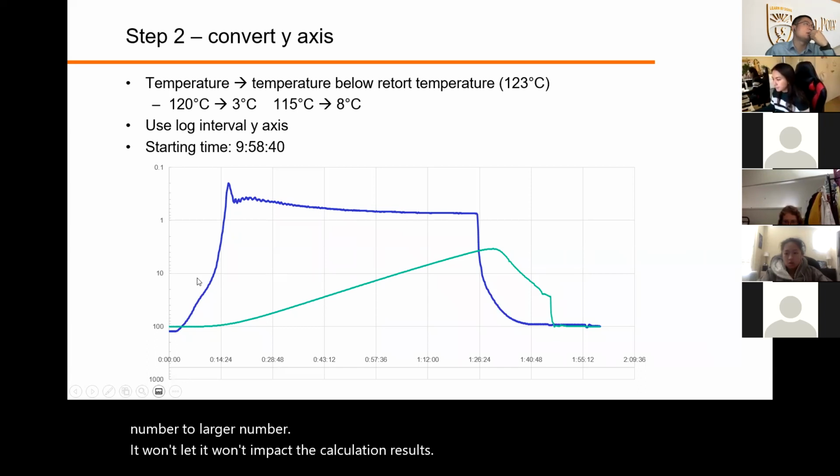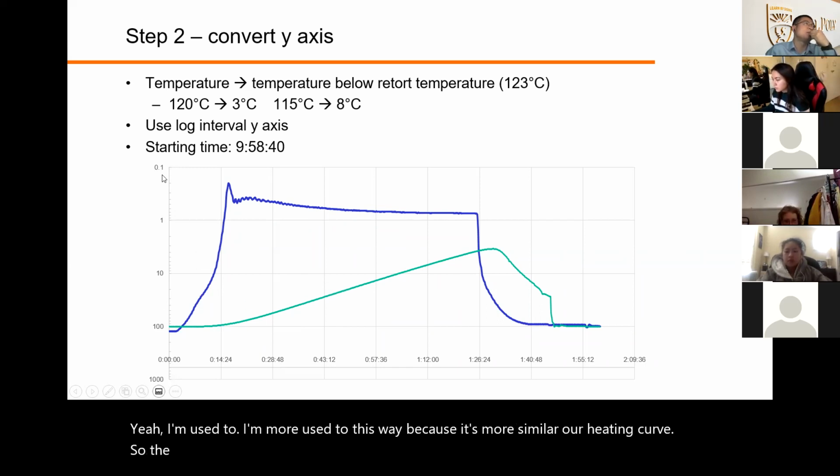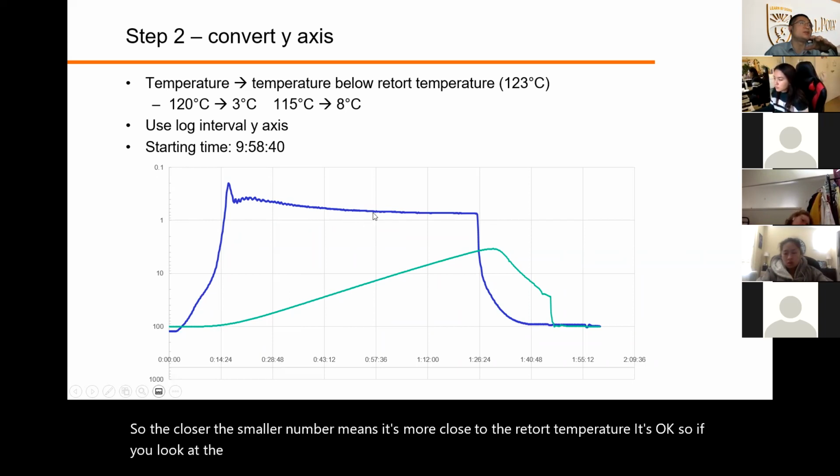I'm more used to this way because it's more similar to our heating curve. So the smaller number means it's closer to the retort temperature. If you look at the holding period, the temperature is very close to the retort temperature.